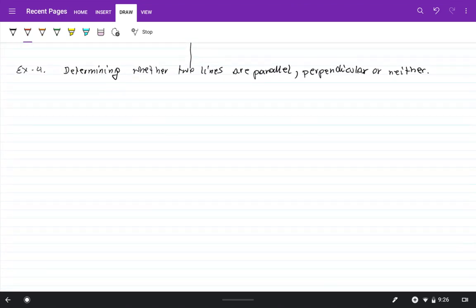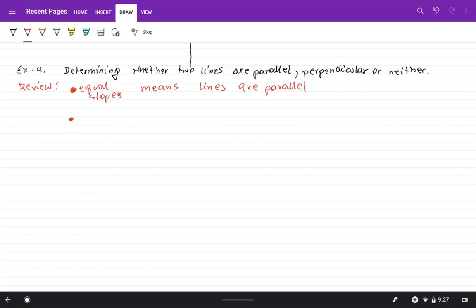So let's just quickly review before we move to the example. The same slopes, or equal slopes, mean the lines are parallel. We talked about it before.